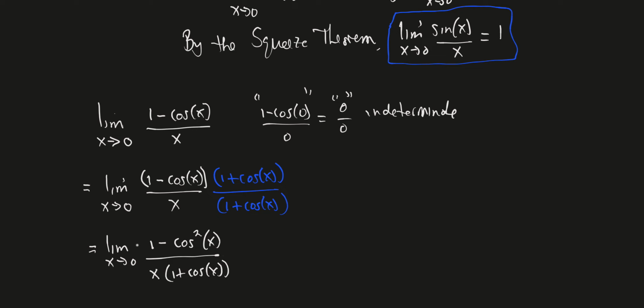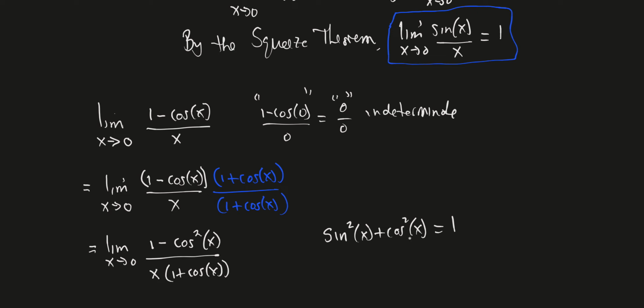We do need a little bit of trig here, right? Going back to our unit circle, remember that the polar or trigonometric form of the equation for the unit circle leads us to this identity, that sine squared x plus cosine squared x is equal to 1.